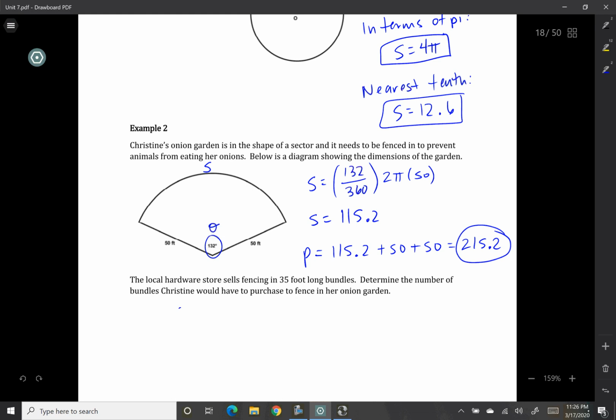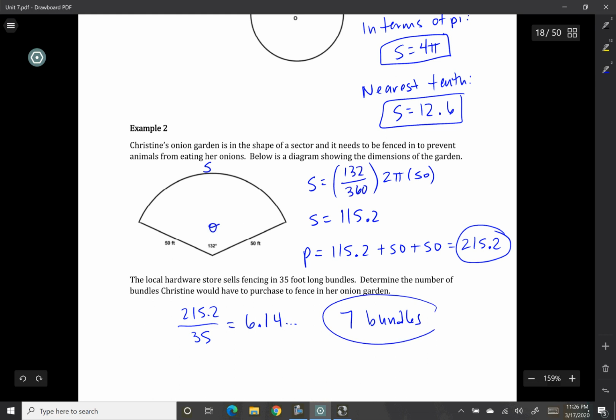So if I take her total perimeter, 215.2, and divide it by 35, that should tell me how many bundles I need. 215.2 divided by 35 gives me 6.14 dot dot dot, which means I need 7 bundles. 6 just won't be enough.